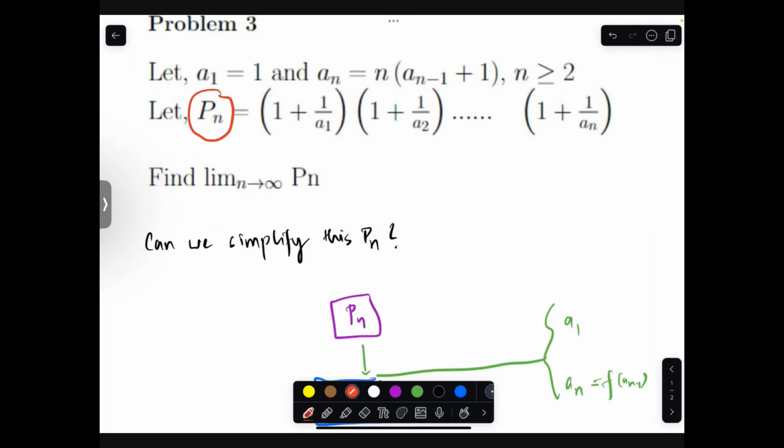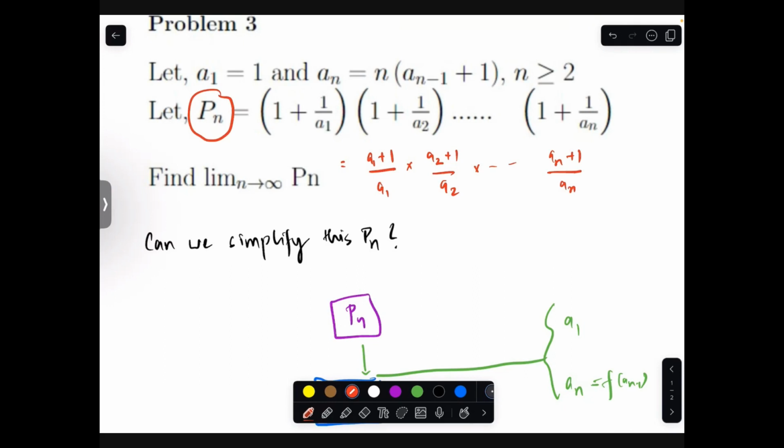So we have an is equal to n into an minus 1 plus 1. So what will we do? Can we find this kind of expression from there? Rather, can we simplify this? If you simplify this, you will get a1 plus 1 by a1 into a2 plus 1 by a2 dot dot dot into an plus 1 by an.